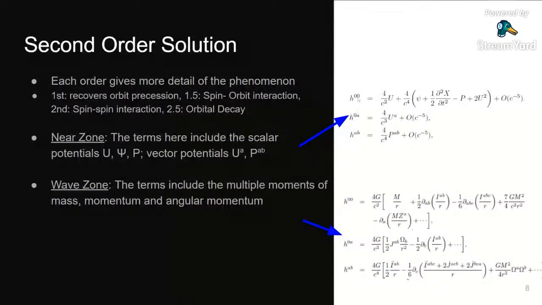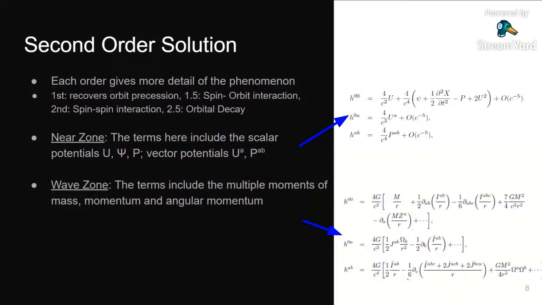So h00, the time part of the potential, takes a value something like this, while the others look something like this. There are a few terms over here, u, x, psi, p. These are nothing but scalar potentials, which have their counterparts of vector and tensor potentials in this form.